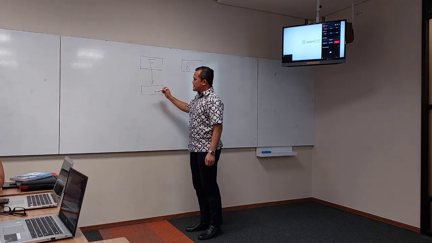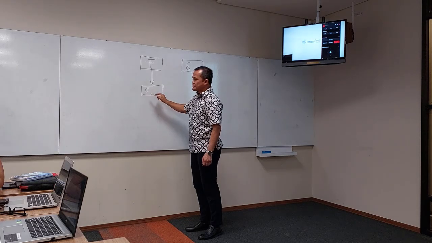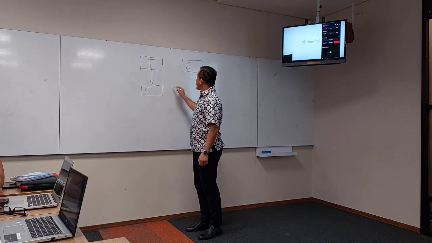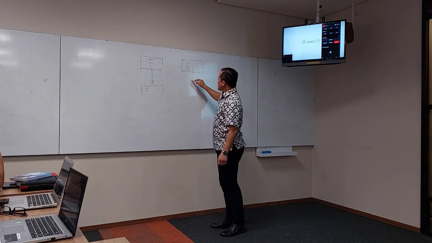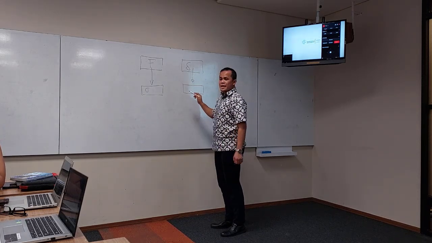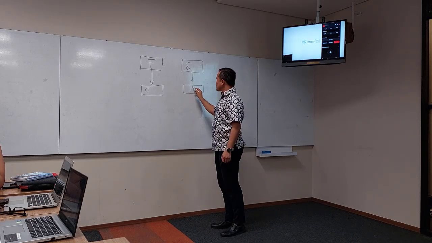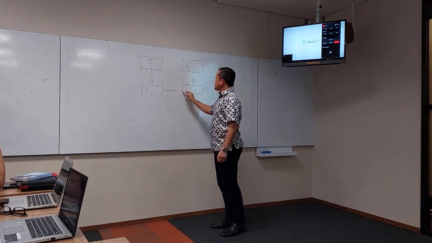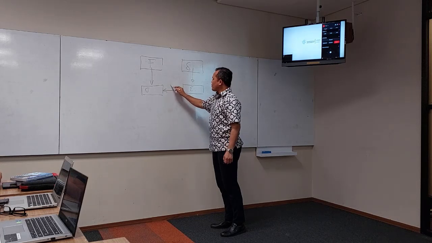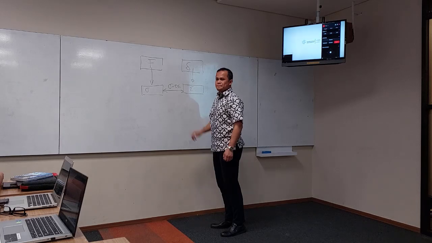F becomes stress, so sigma. The delta you convert into strain. What is strain? Epsilon. Good. And these two are connected by Hooke's law, by Young's modulus. Correct. Sigma is E epsilon.